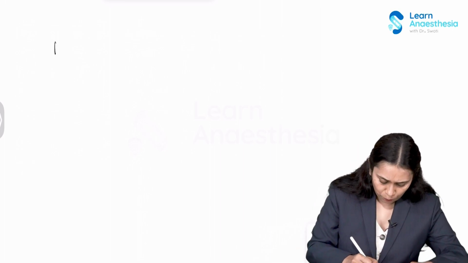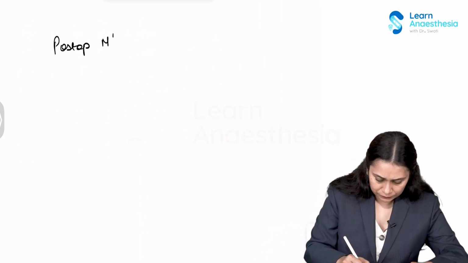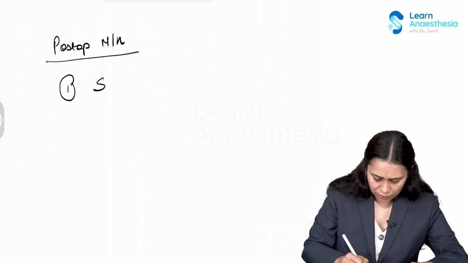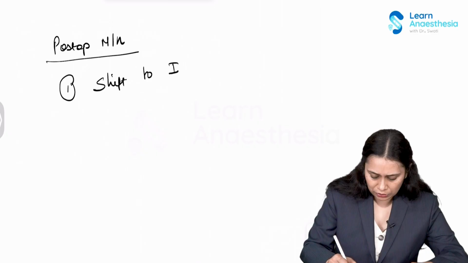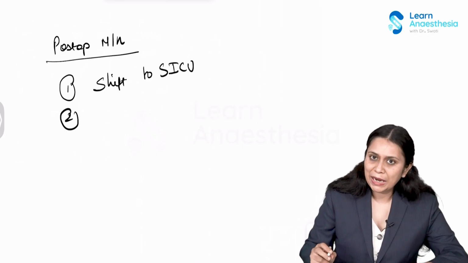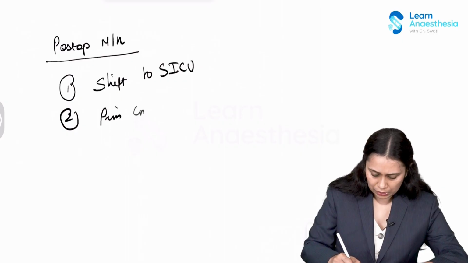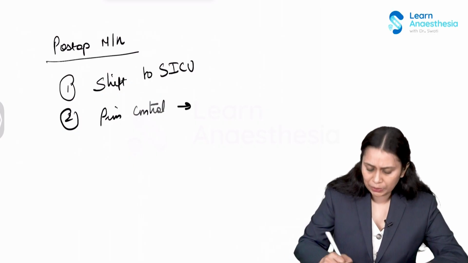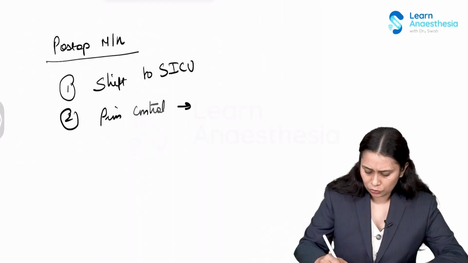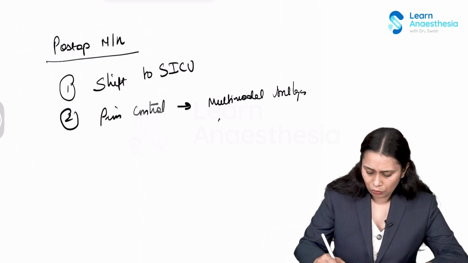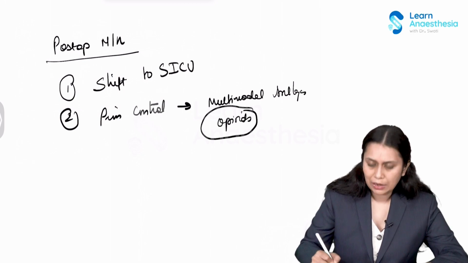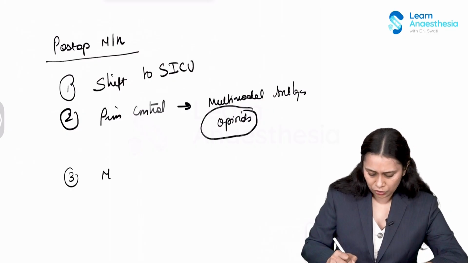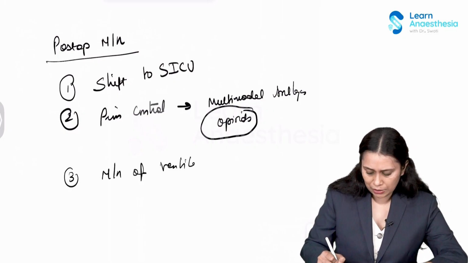We should shift the patient to the surgical ICU, then pain control should be taken care of, as in any critically ill patient. In critically ill patients, opioids are the mainstay for pain control. So multimodal analgesia, opioids are the mainstay, and proper management of ventilation and hemodynamics should be done, right?